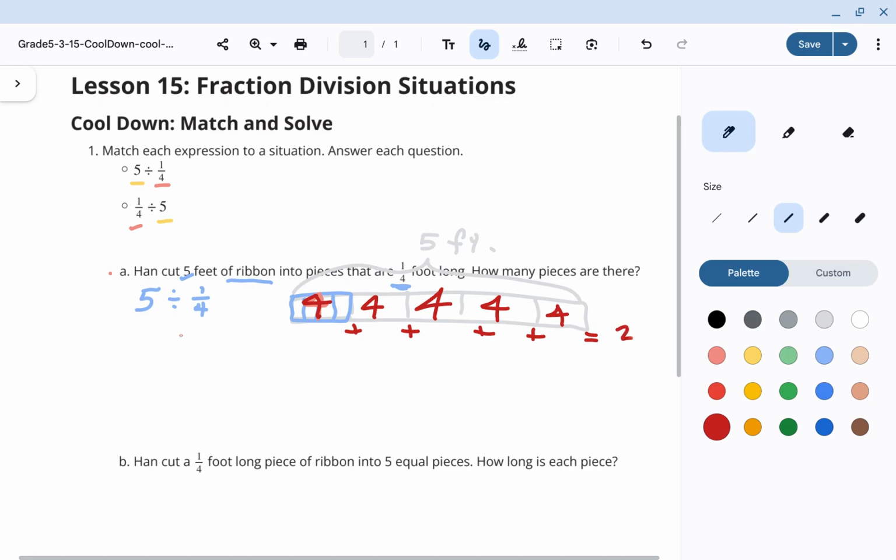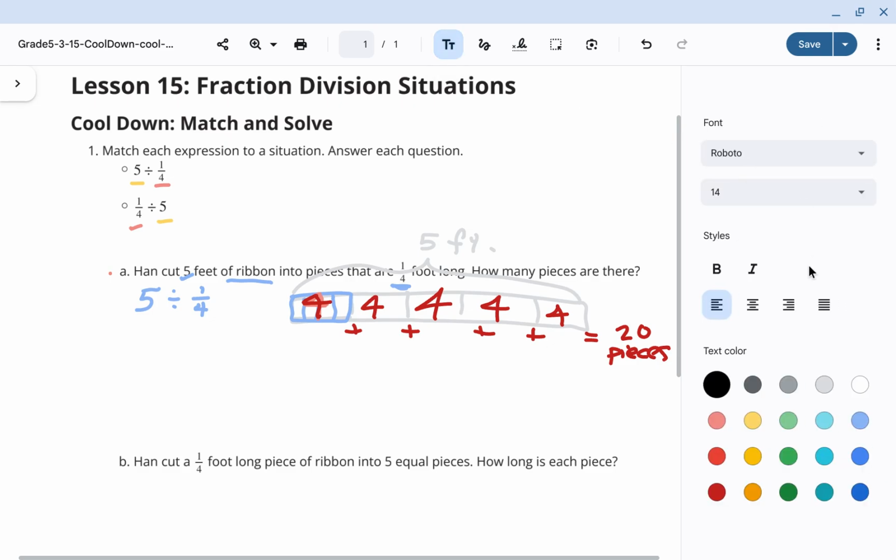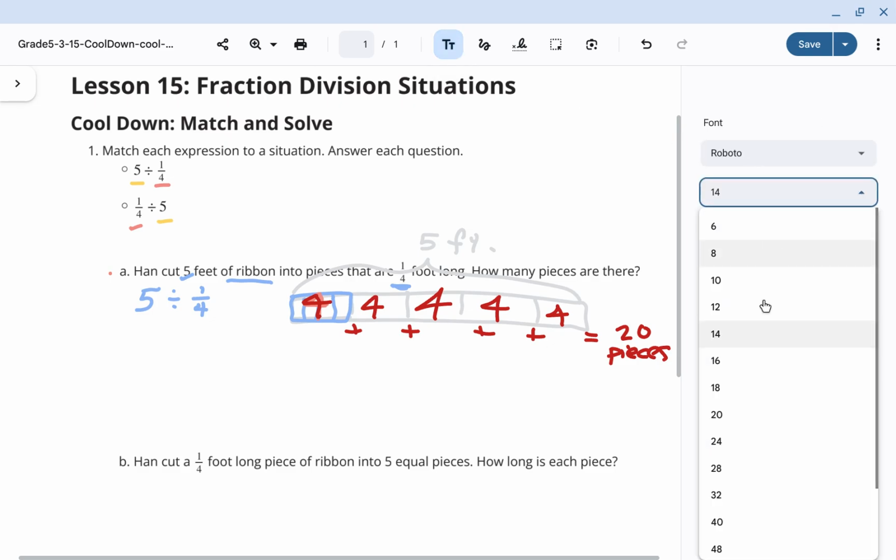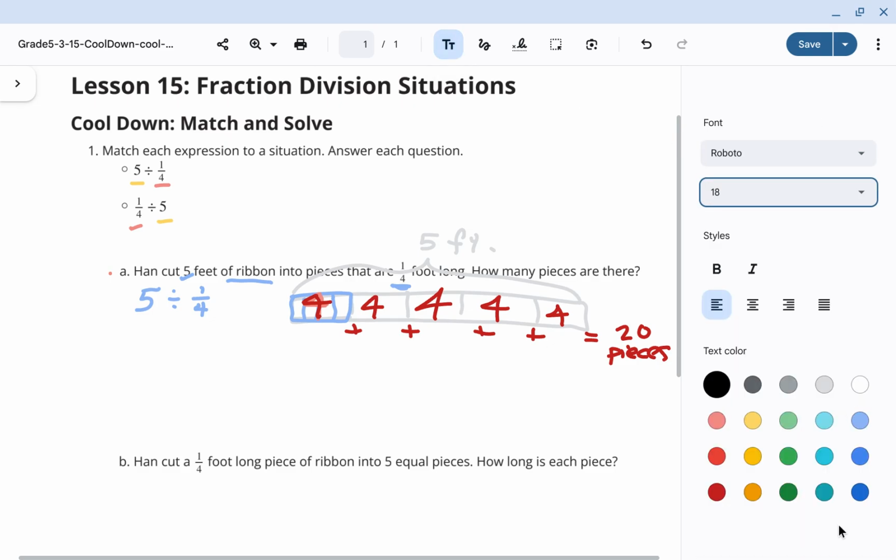Well, we've created 20 pieces, right? So boys and girls, we are really just using our math mind to answer these questions, thinking about exactly what is being asked and using that to get to our answer for our questions.